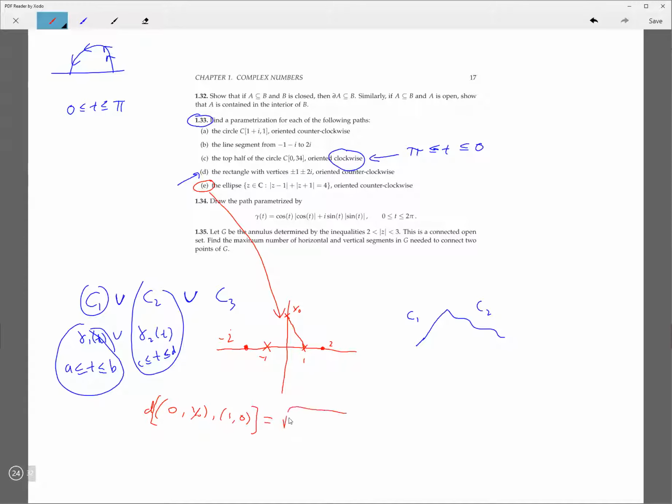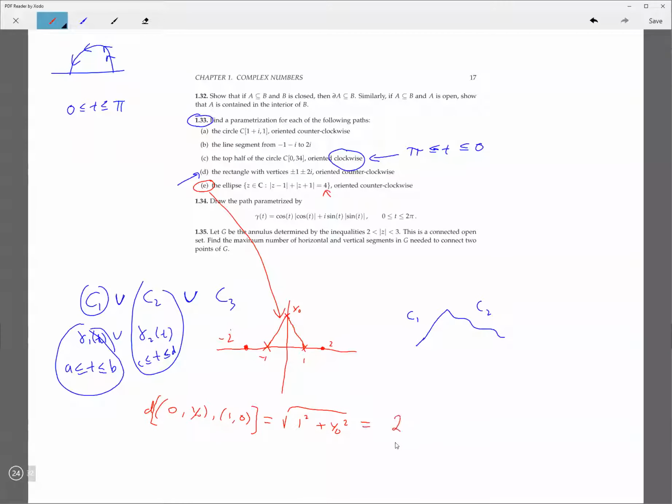Okay, so that's the square root of 1 squared plus y0 squared. Now, that distance is going to be the same as this distance here, and those two have to add up to 4.